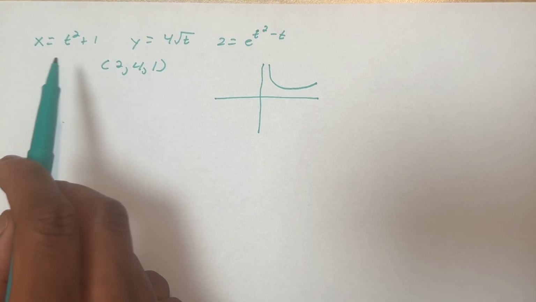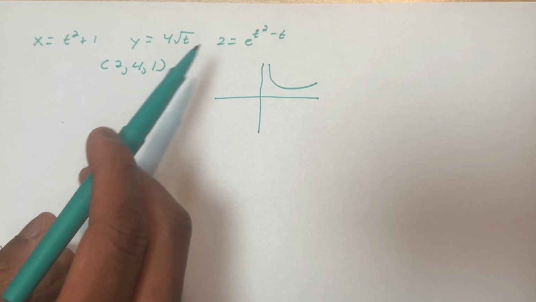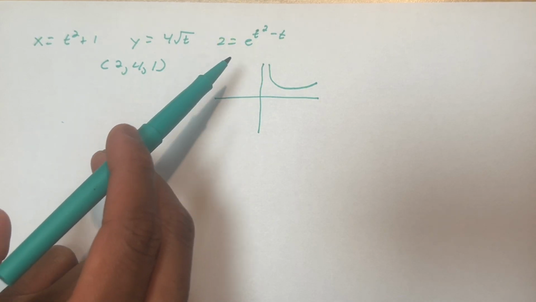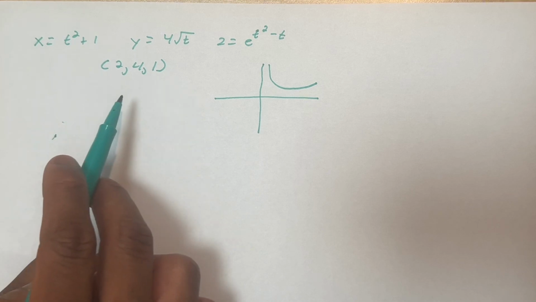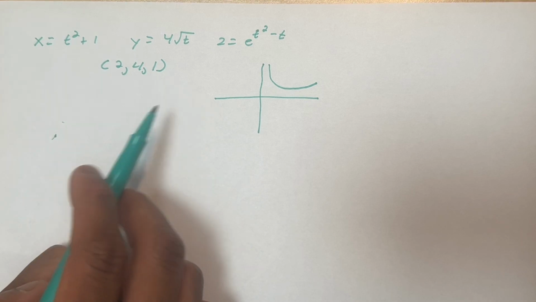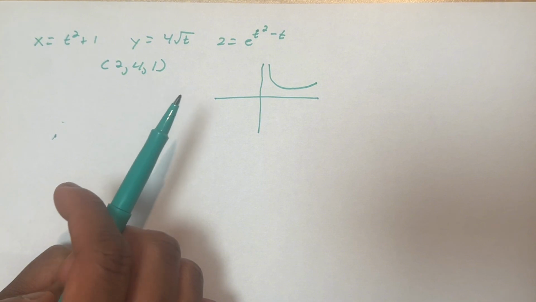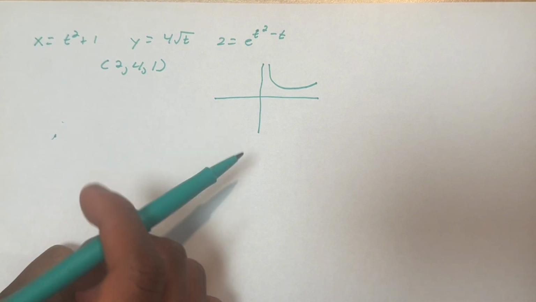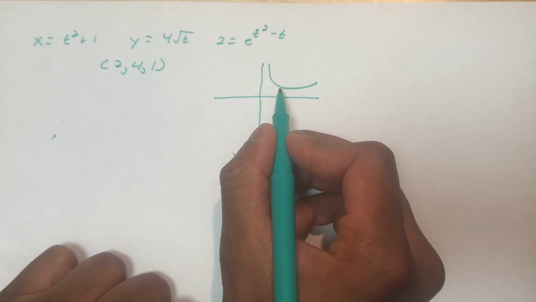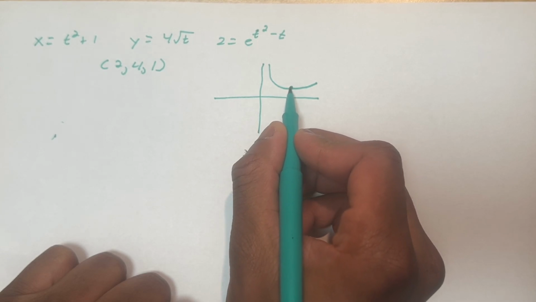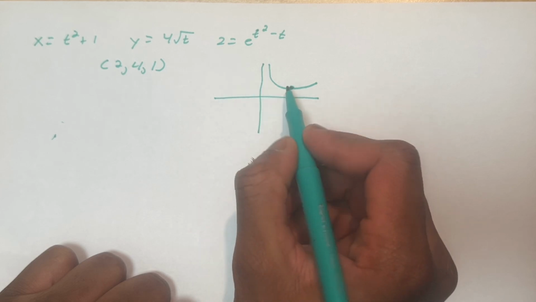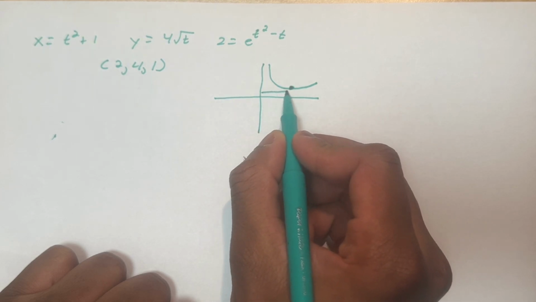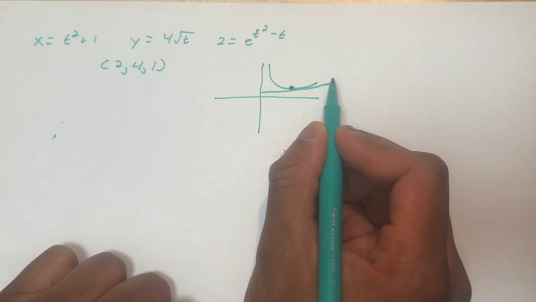At t equals 0, we have x equals 1, y equals 0, z equals 1, if you do the math. At t equals 1, we'll have a different set of coordinates. And so what we want to figure out is, when we are at the point (2, 4, 1) in this parametric equation, what line is tangent to the curve.